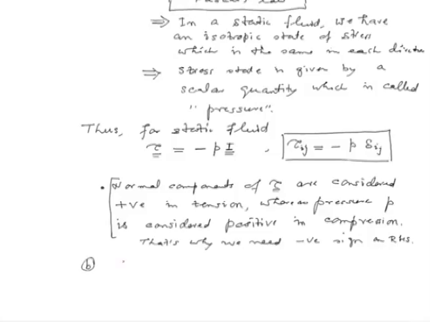So, we have seen how we are going to represent the state of stress for a static fluid. The remaining part is what happens for a fluid in motion. Here we will have additional stresses generated due to viscous action.